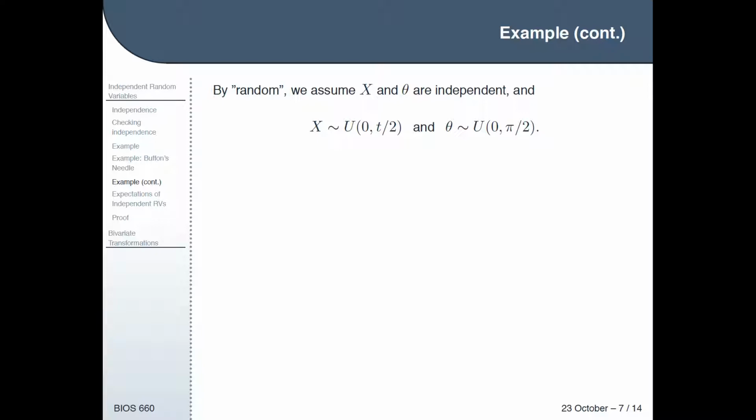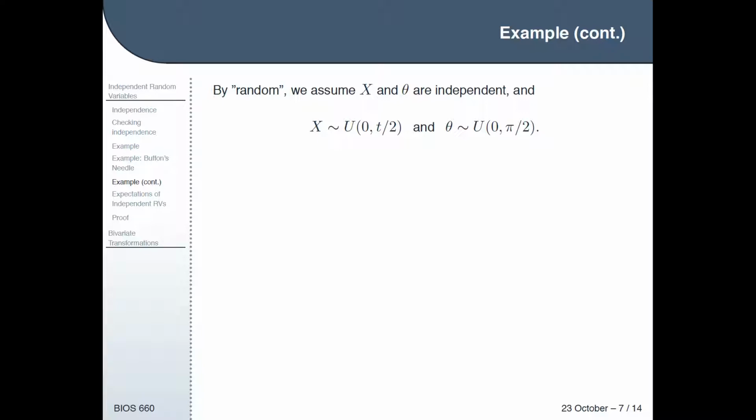So if the center of the needle lands exactly on the line, x would be 0. Or if it lands exactly in the middle, x would be t over 2. It can't be any larger than t over 2 because it's always going to the closest one. And theta is going to be somewhere between 0 and pi over 2. In other words, between 0 and 90 degrees.